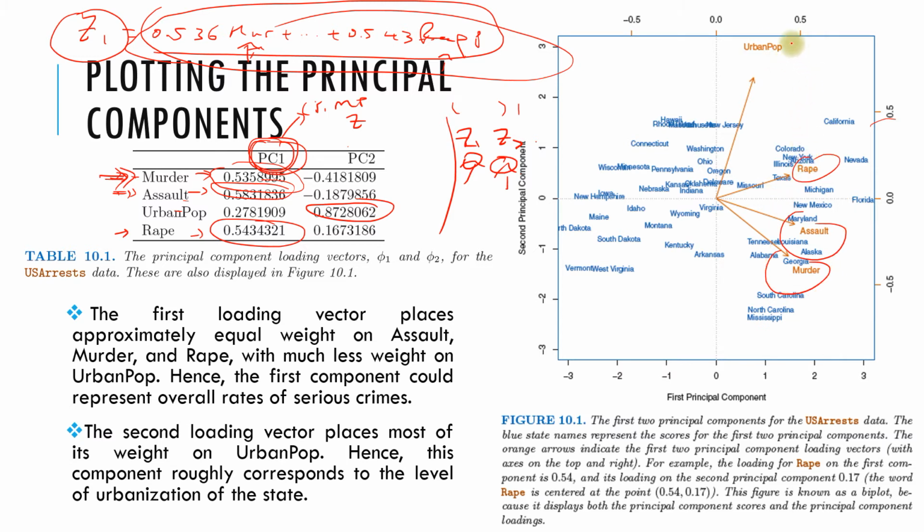Whereas the urban population, its vector is relatively close to the direction of the second principal component, which means that we can already understand that the second principal component is talking about urbanization, whereas this first principal component is talking about crime rate, because these are the ones having a vector loading that is quite close to this first principal component.